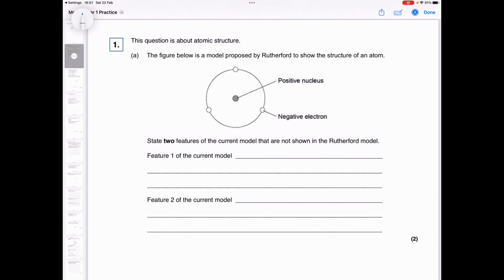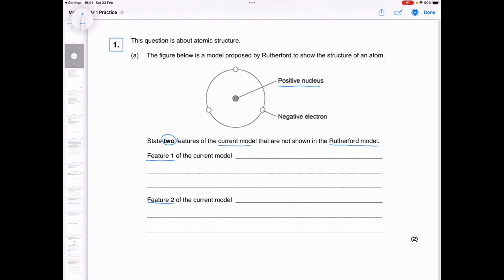Okay, so we need to think about two features of the current model, feature 1 and feature 2, that are not shown in the Rutherford model. If we have a look at the particles, we've got a positive nucleus and a negative electron. First of all, we've just got a positive nucleus.